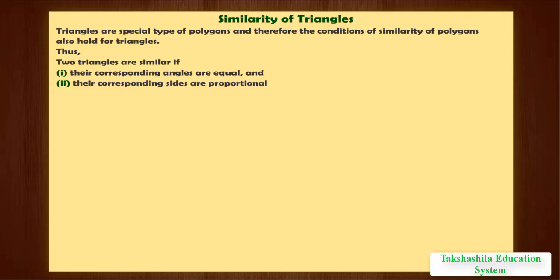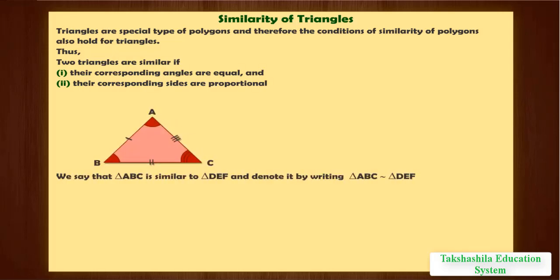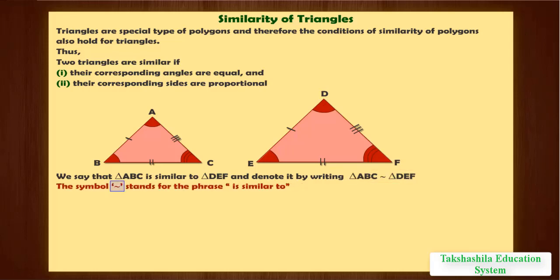Their corresponding sides are proportional. We say that triangle ABC is similar to triangle DEF and denoted by writing triangle ABC ~ triangle DEF. The symbol ~ stands for the phrase 'is similar to'.